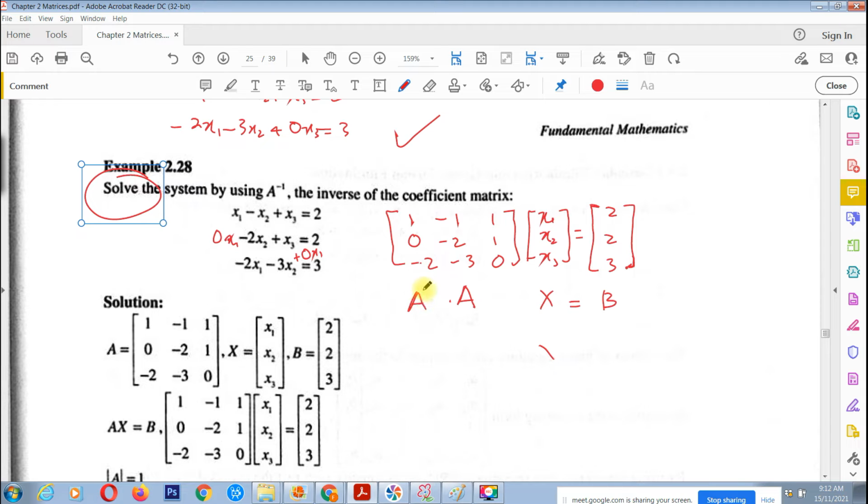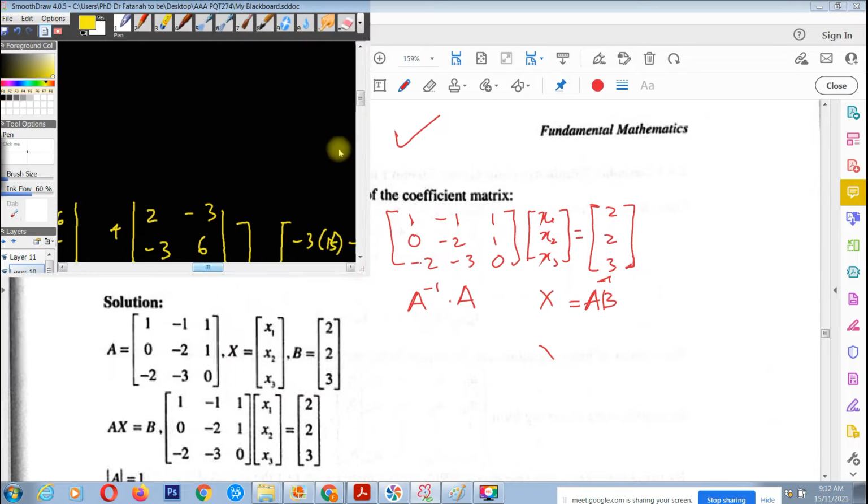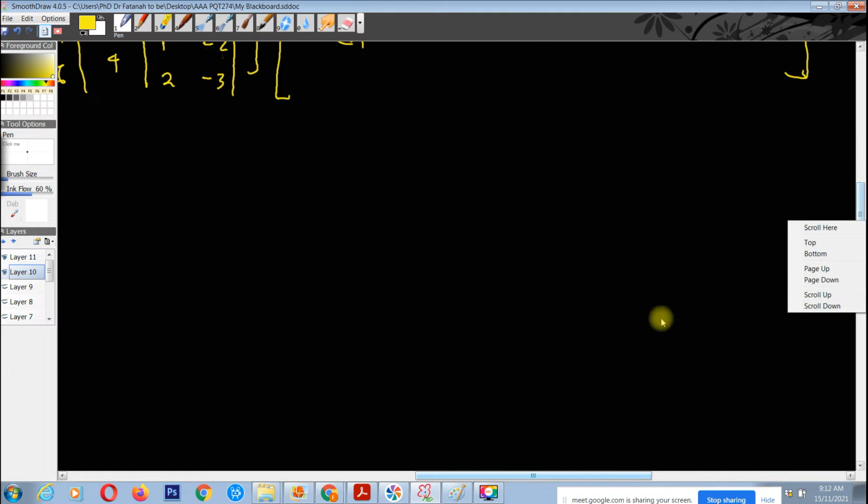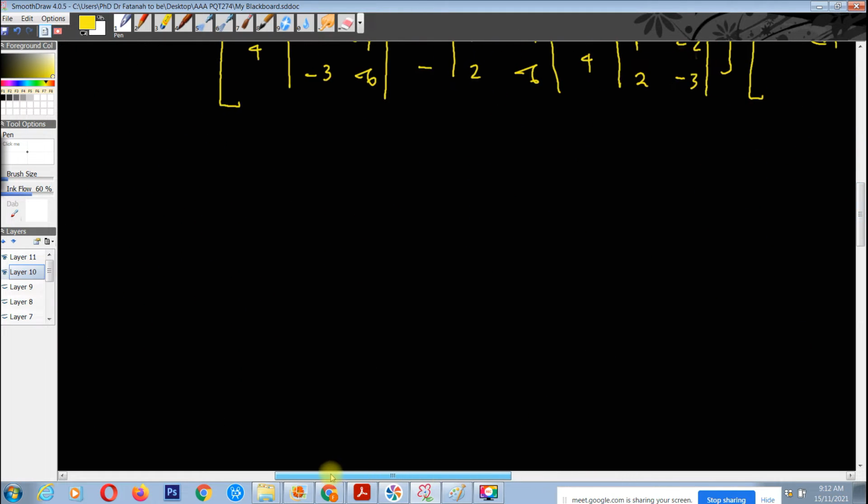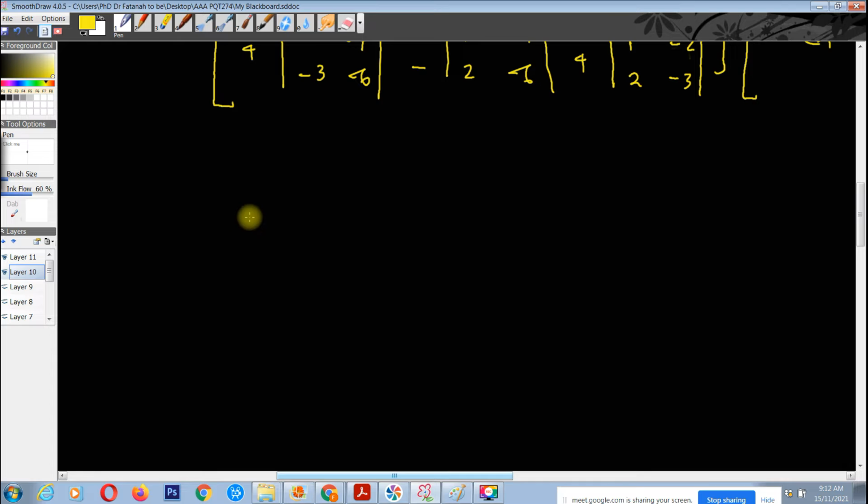So A inverse, I put it here. Okay, we multiply A inverse, AX equals to B.